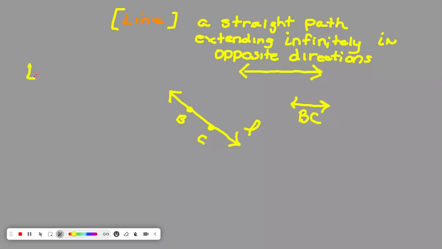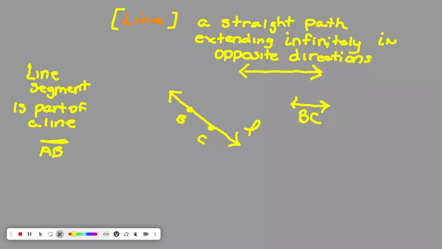But a line segment is part of a line. So when you see a line like that, and it says AB, it's not a line, it's a line segment.